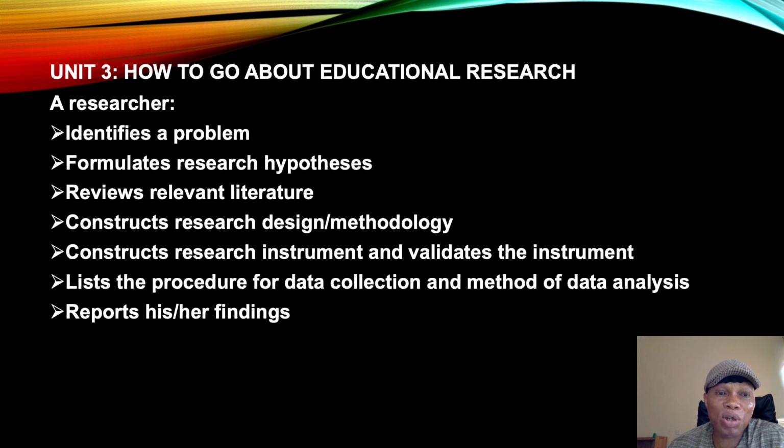Then the other one, you construct research instrument and validate the instrument. That is, what are the instruments you want to use to collect the relevant data. In the example we gave, we are going to make use of achievement test to collect the relevant data, pretest, posttest.